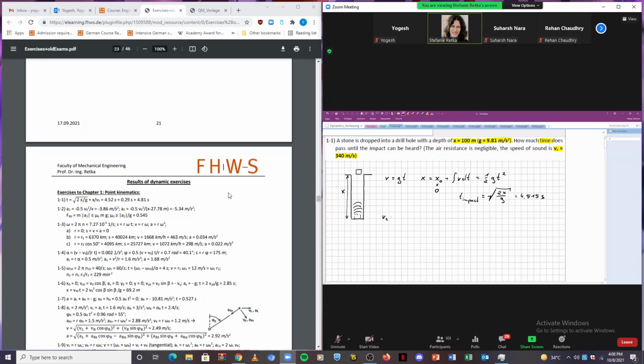So Vs is constant. In case of a constant velocity, the acceleration is 0, and the distance can be obtained by Vs times t.